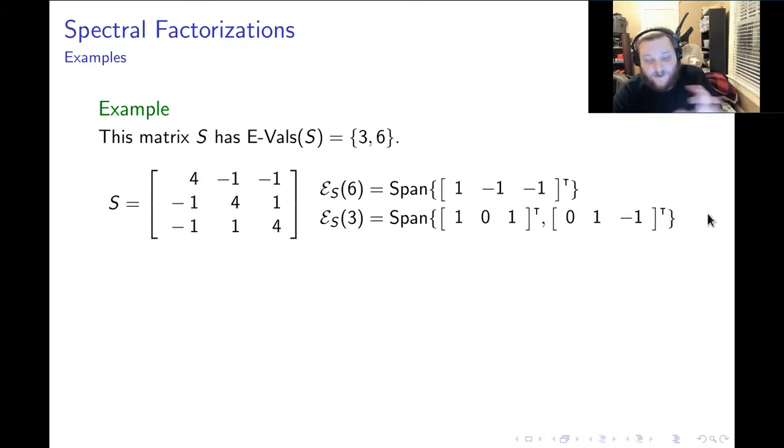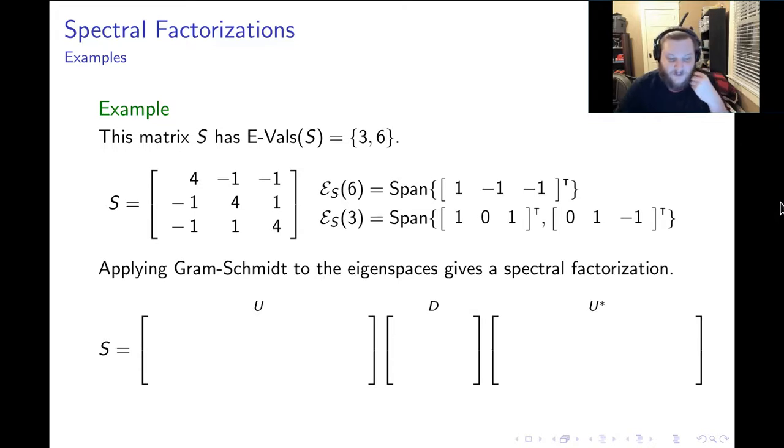What's not surprising about that is that the sum of those geometric multiplicities is 3, which is the size of our matrix. That's the statement that this matrix is diagonalizable. But now the question is, how do we get a spectral factorization? Well, what we need to do here is apply Gram-Schmidt to each of the two eigenspaces. So let's see how that plays out.